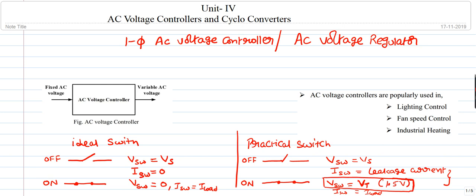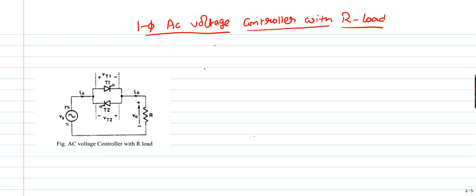If you know this point, you can easily analyze the single phase AC voltage controller with RL load. Otherwise, it is difficult. So please note that when the switch is in on condition, the on state voltage drop is around 1.5 volts. It is not 0.